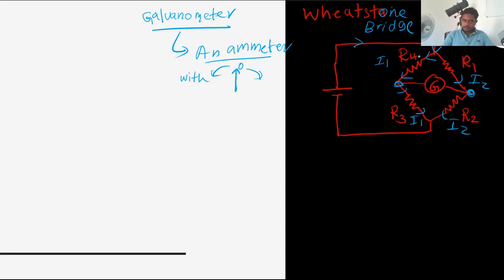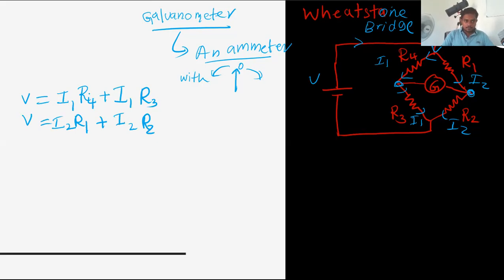Okay, I know that the total voltage is V. For V, I can write V is equal to I1 R4 plus I1 R3. And another thing, I can write V for I2 is equal to I2 R1 plus I2 R2.